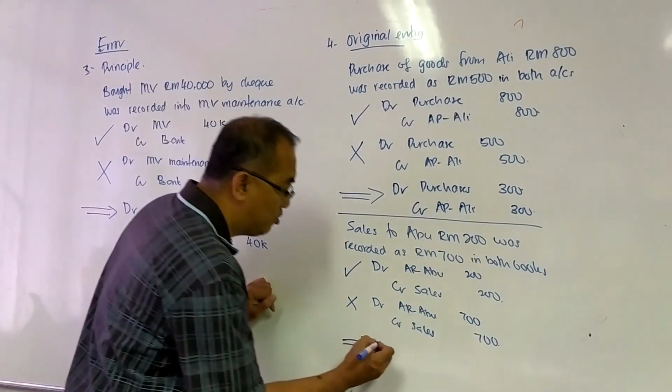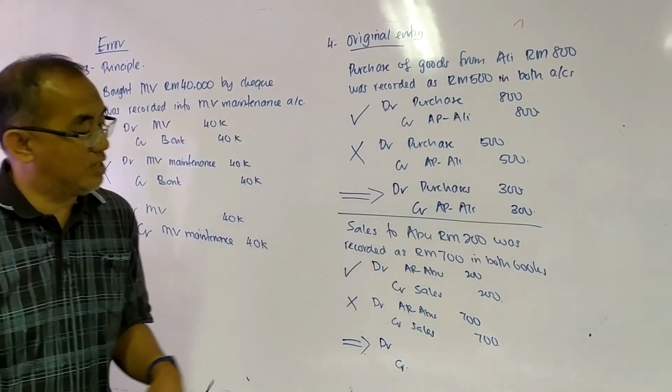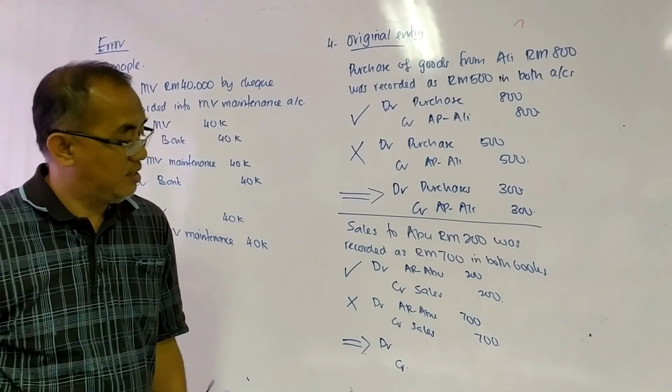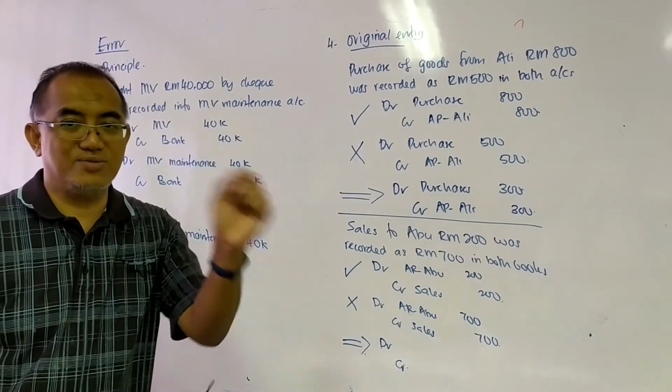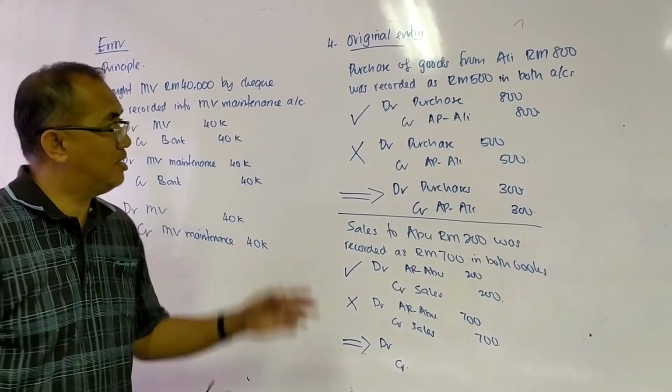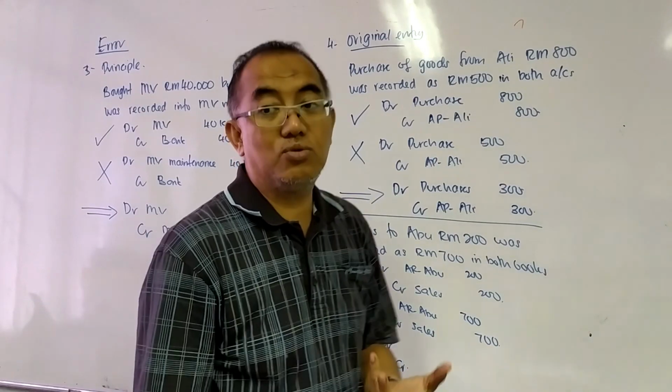Your correction still needs to be debit and credit. You cannot just take the eraser and rub it out. In accounts, when you do a correction you need to do a journal entry.